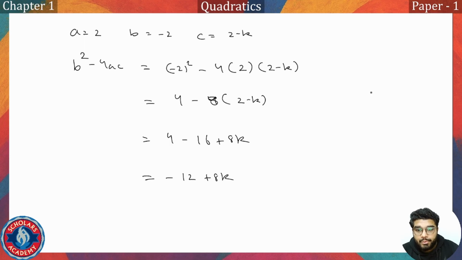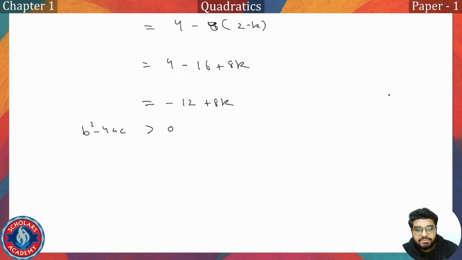We get two distinct real roots whenever the discriminant is greater than 0. That means b square minus 4ac should be greater than 0, and the value of b square minus 4ac is negative 12 plus 8k. So negative 12 plus 8k should be greater than 0. This makes 8k greater than 12 and k greater than 3 by 2.